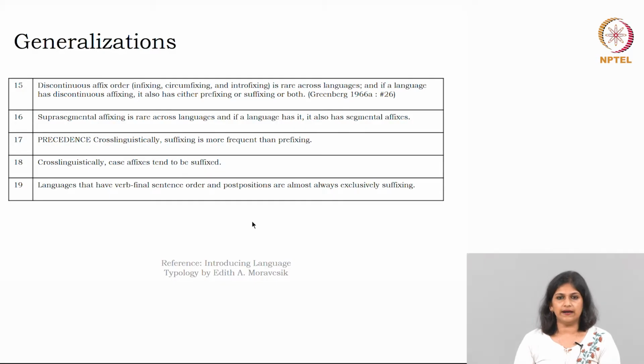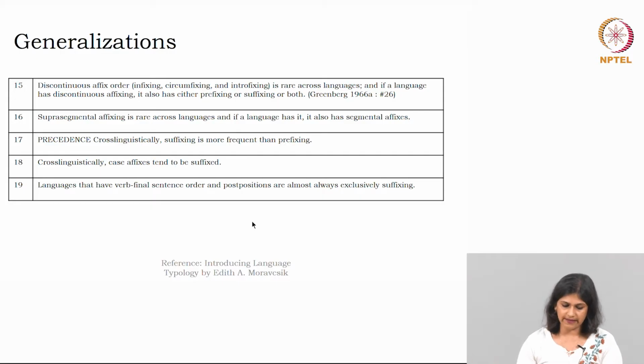Then we will see, related to the order of affixes, we have the precedence order. Precedence order means if x precedes y, x occurs before y. That is the simplest thing to understand. When I say unemployed, un is the prefix that precedes the rest of the word, right.